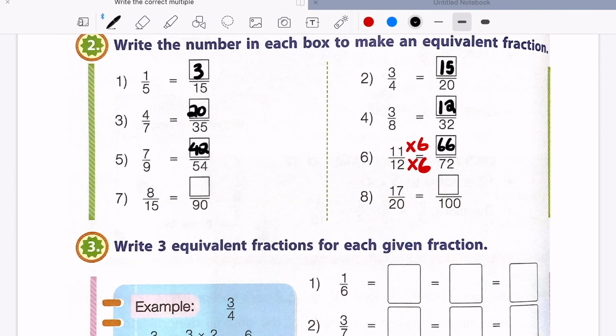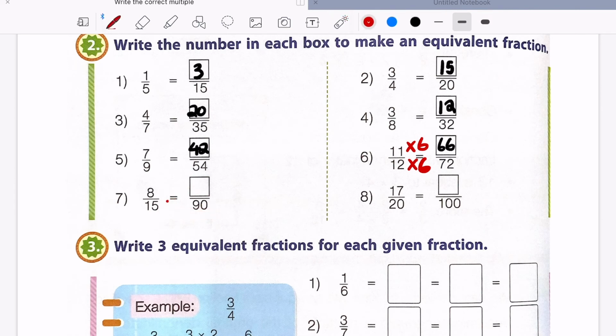So the next one, 8 fifteenths is equal to blank over 90. So 15 times what equals 90? Let's take a look.